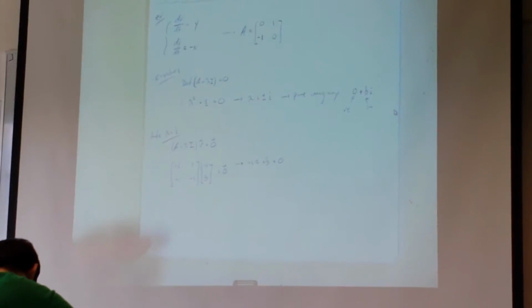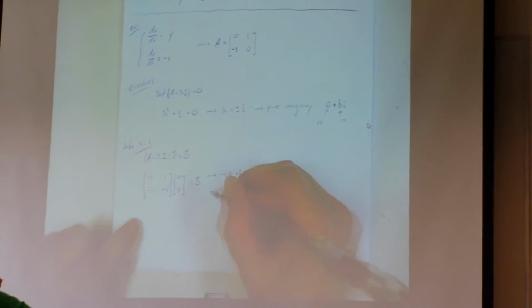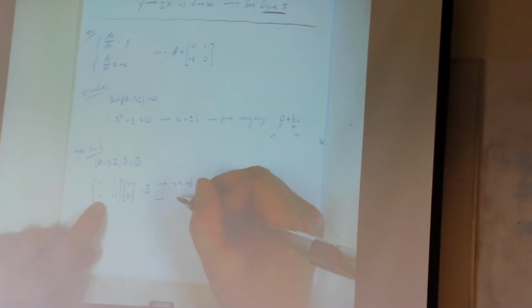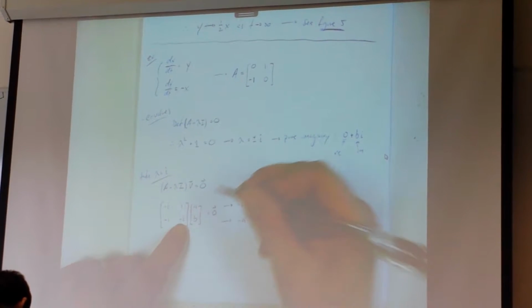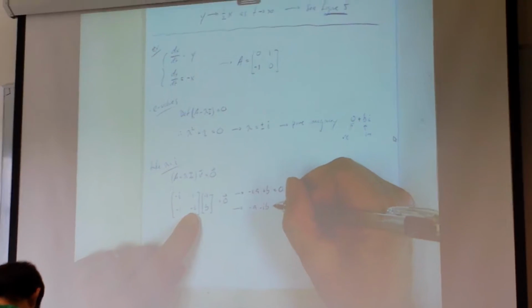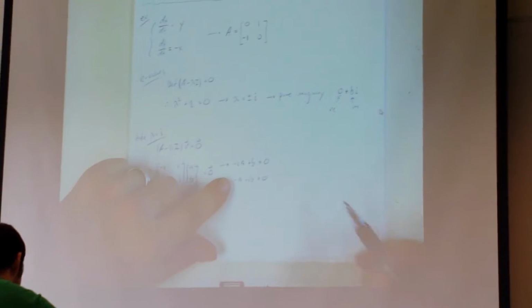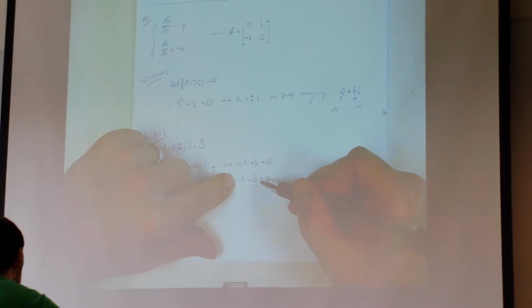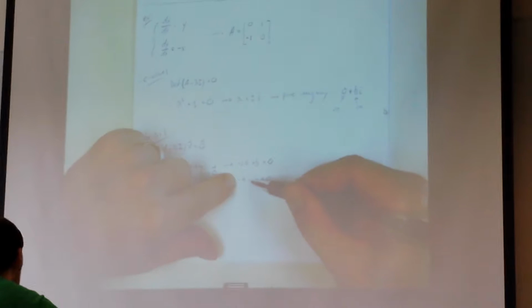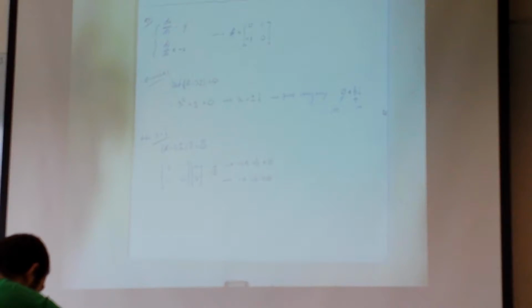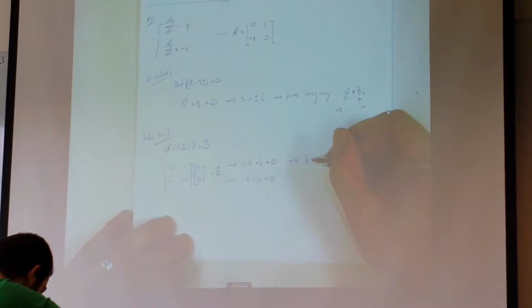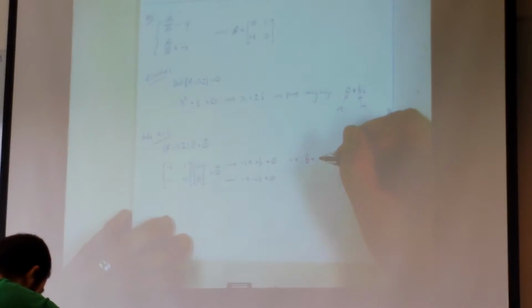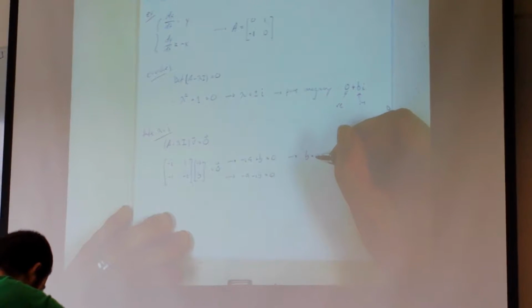The other one would be a constant multiple of it: negative 1 times a minus i times b equals 0. If you multiply the bottom one by i, you get the top one, because minus i squared, that's minus negative 1, is your plus 1. They're the same. So b equals i times a.